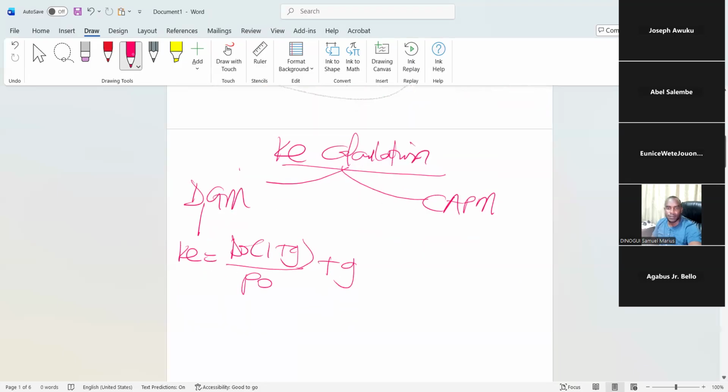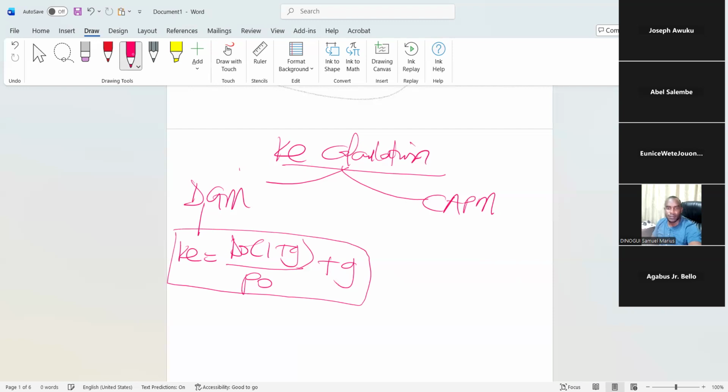But this g that is here, that is where the complication starts. This g in the formula of the dividend growth model, the examiner may decide not to give you. If he decides to give you the g, for the KE, we are done. It ends here.